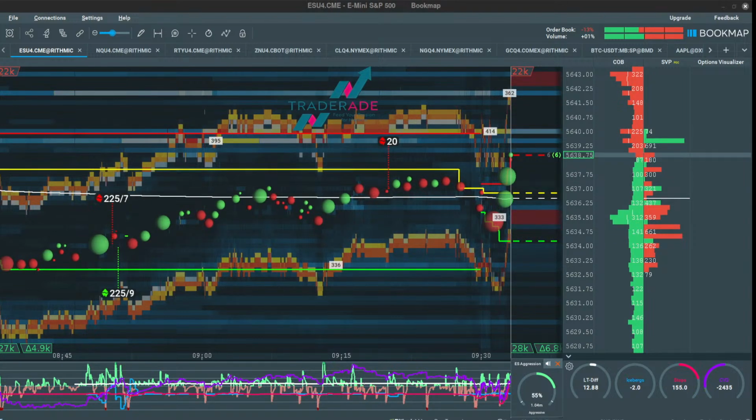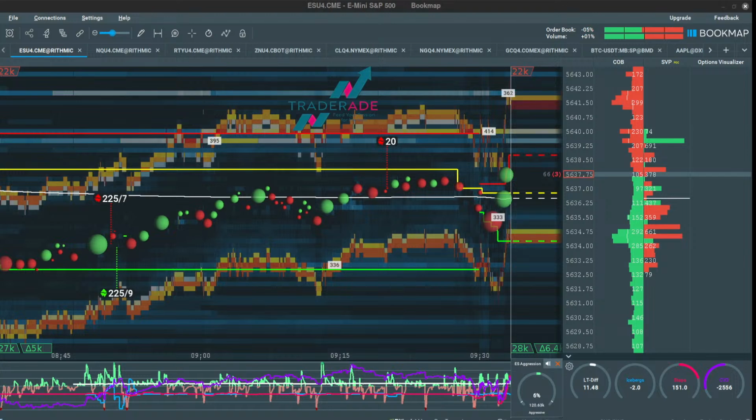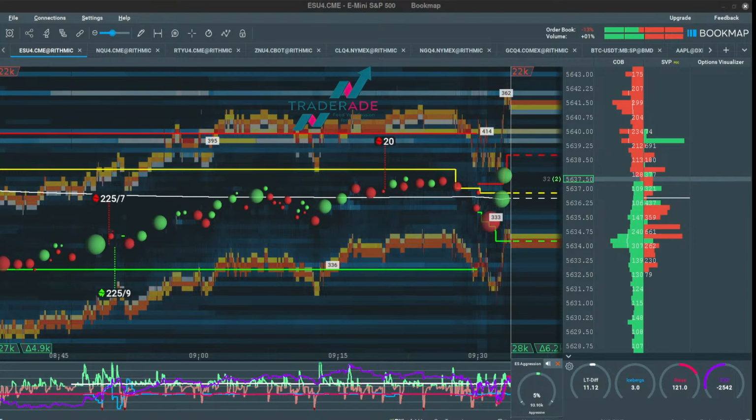Big Spark asks, what aspects of Bookmap are best to spot major market reversals and breakouts? So, for me, I would say it really does depend on your time frame. If you're a swing trader, I don't know that you're going to see a major market breakout or reversal as easily, because this is much more near-term, intraday focused.